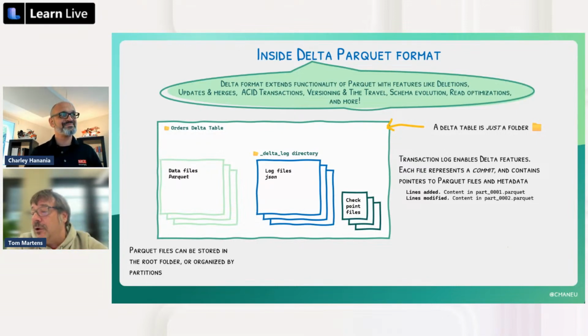Basically, considering Fabric, it would be better to use delta Parquet because we are using Parquet as the data storage, and delta is adding these transactional things. So it's always the same, but different terminology or different words are used for the same thing.